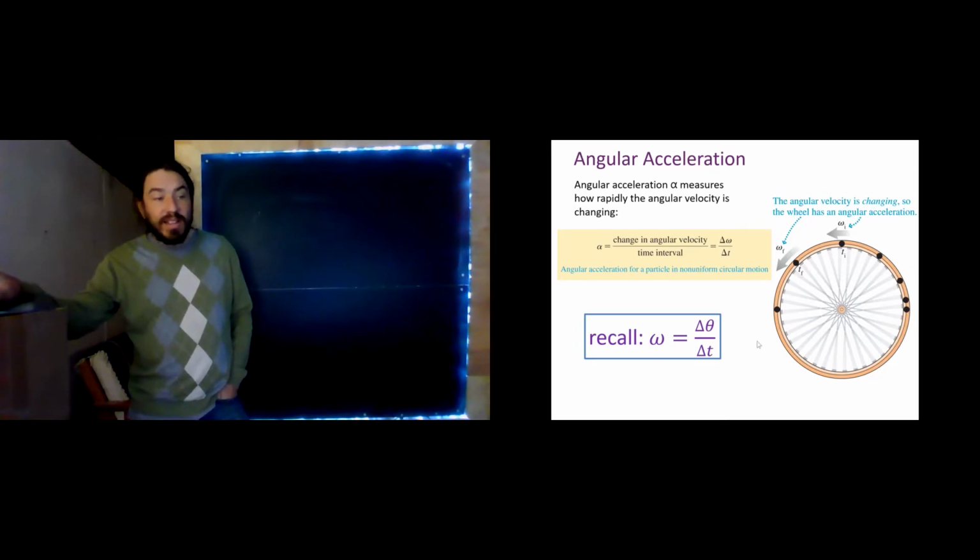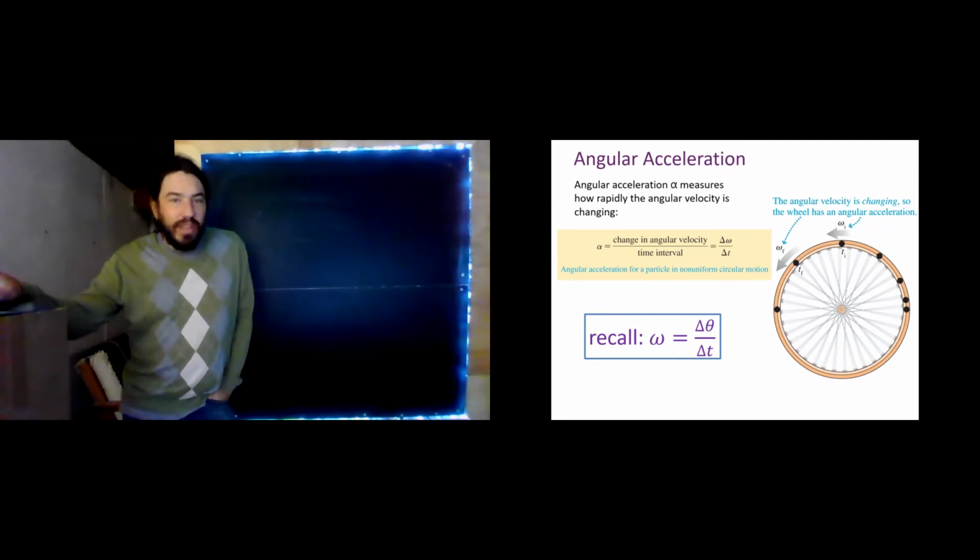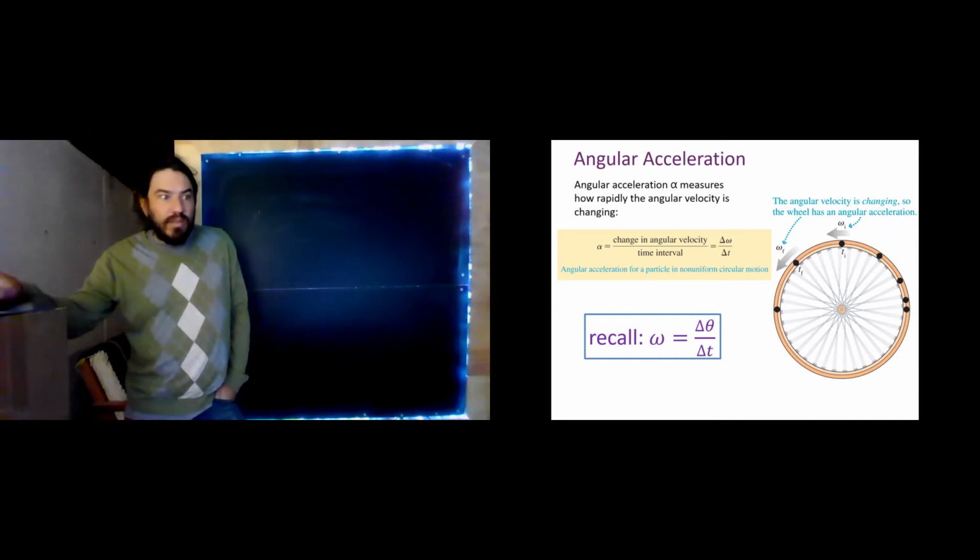Recall that angular velocity is a change in angle over change in time. Well, we could measure this angle in degrees or even rotations. Our standard SI way of dealing with this would be to use radians, right? And so you'll never get in trouble here using radians per second. You might get in trouble using degrees per second or rotations per second or RPMs, rotations per minute.